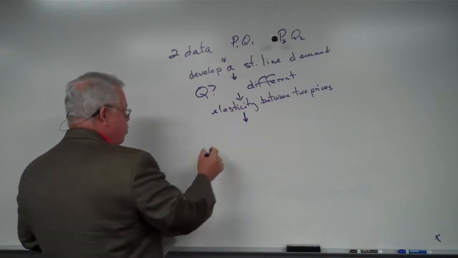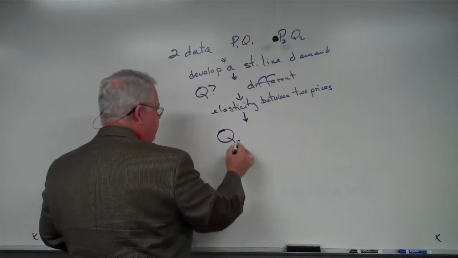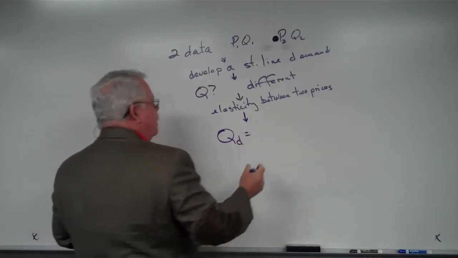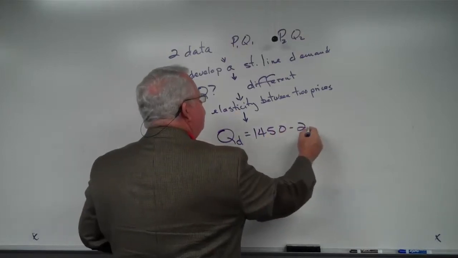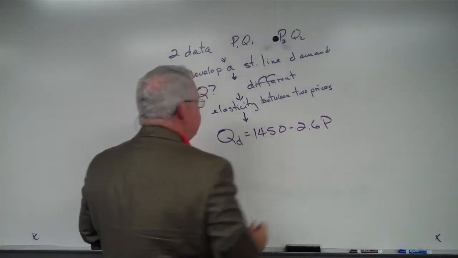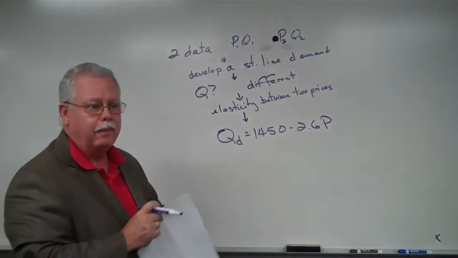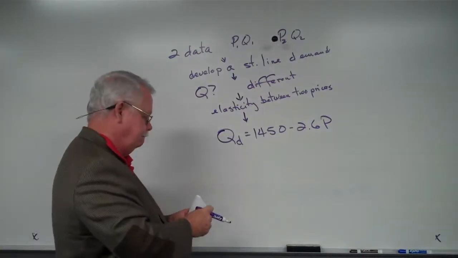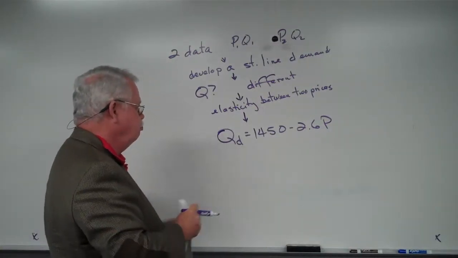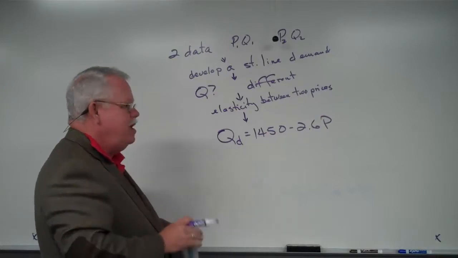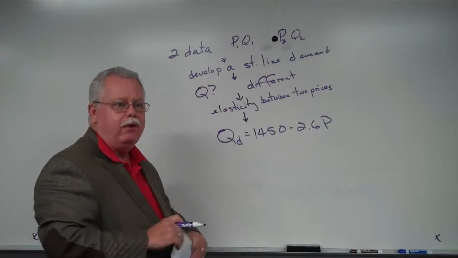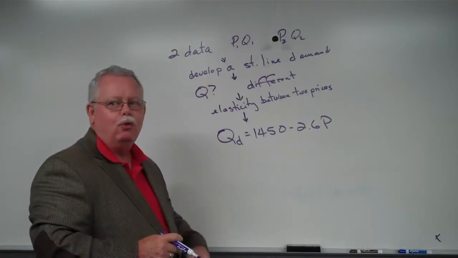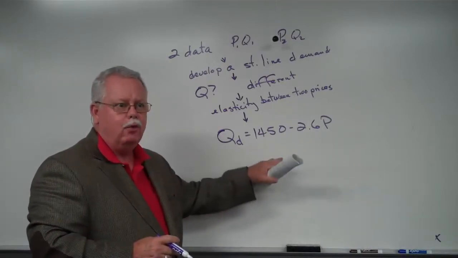Let's make up a demand equation. I figured out that my demand equation is 1,450 minus 2.6p. That's an example. I want to be able to do a couple of things. First, I want to be able to find the marginal revenue equation for this.